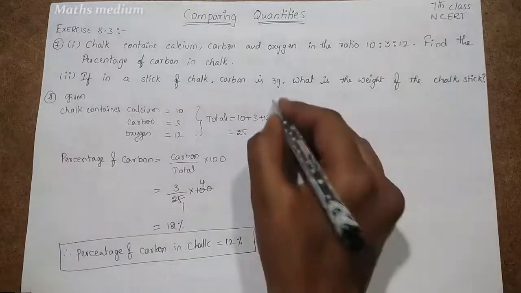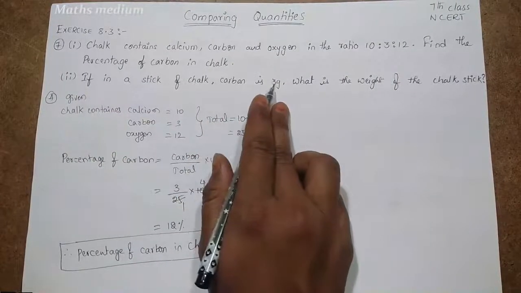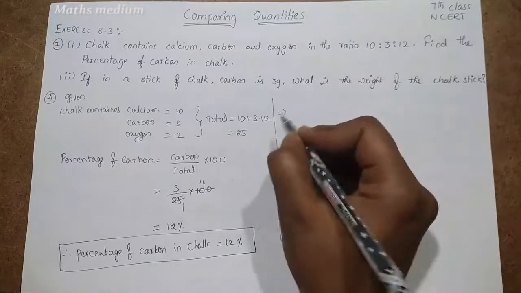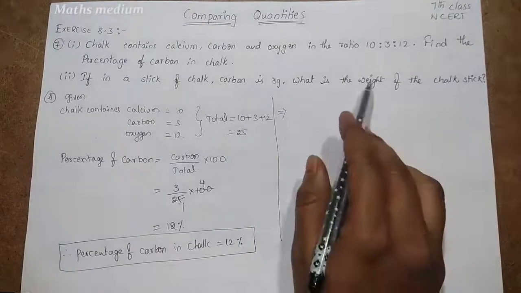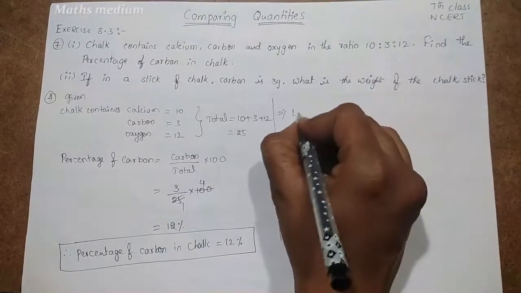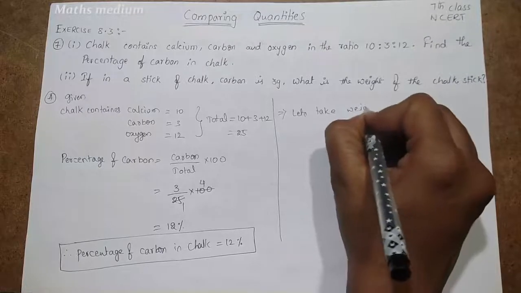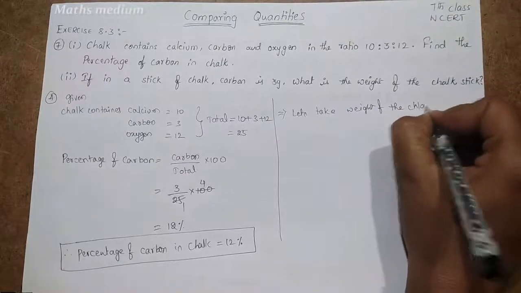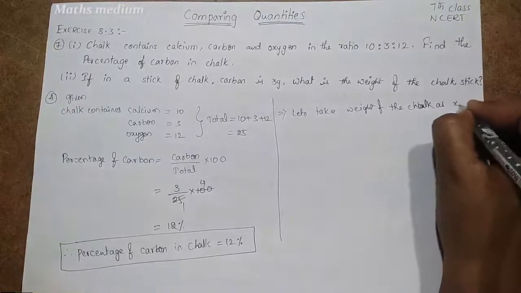And second one is, if in a stick of chalk, carbon is 3 grams, what is the weight of the chalk stick? So in a chalk stick, we have carbon 12%, right? So we have to find the weight of the chalk. So let's take weight of the chalk as x grams.